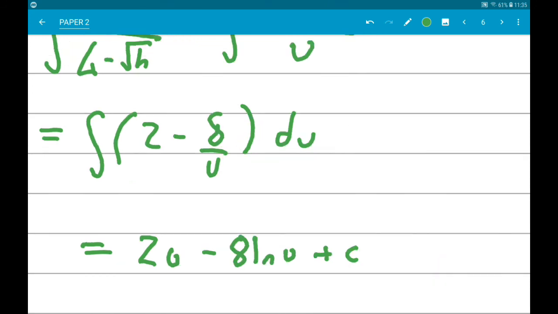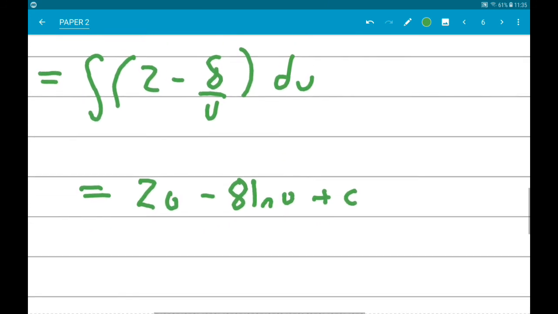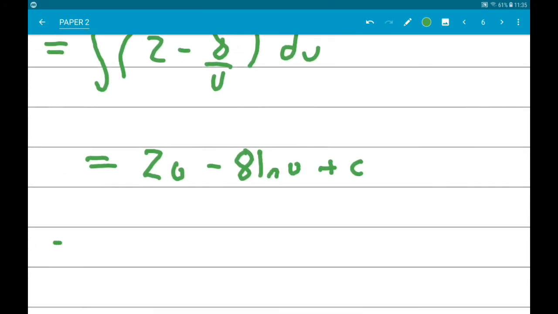Okay, so now we're going to turn the u's back into h. Now, whatever you put into a log, it must be positive. So that's where we get the mod 4 minus root h.